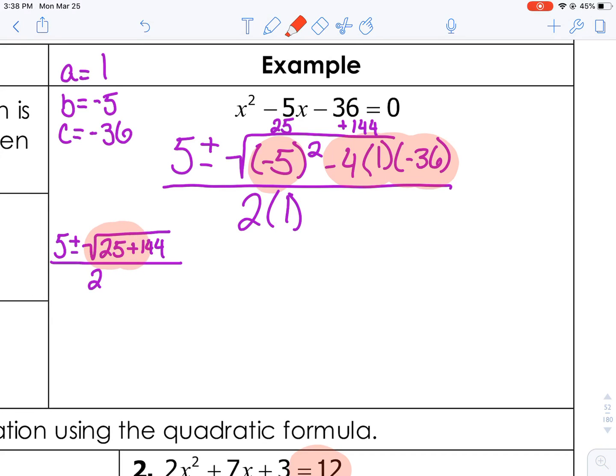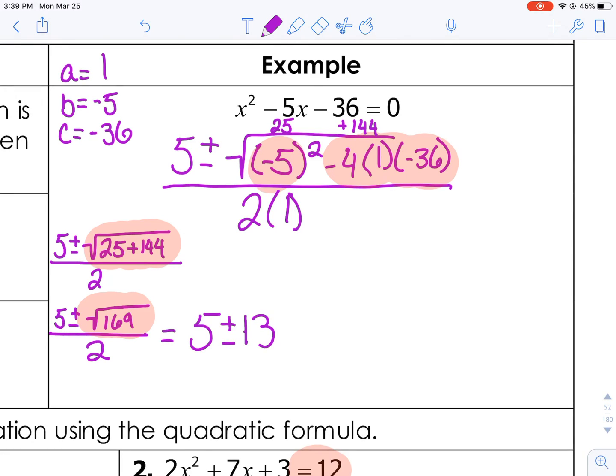I can simplify this down a little bit more: 5 plus or minus the square root of 169, divided by 2. I could simplify that even more. That's the same thing as 5 plus or minus 13 over 2.